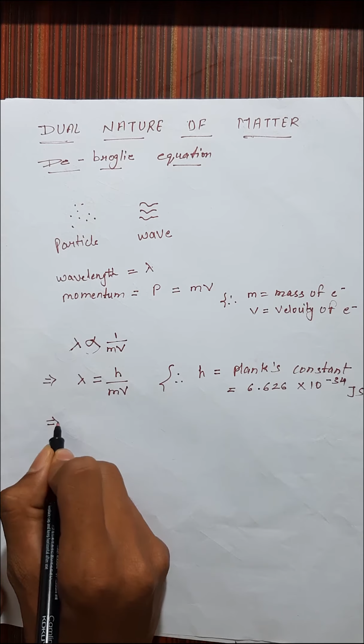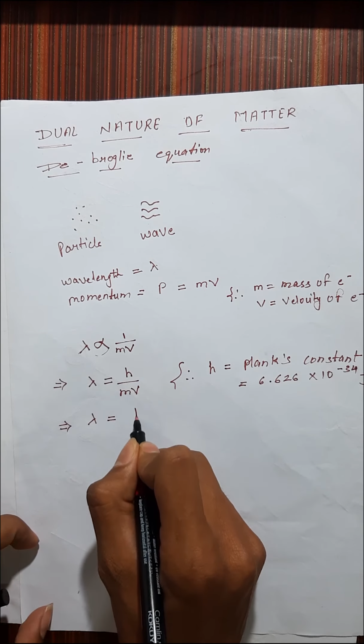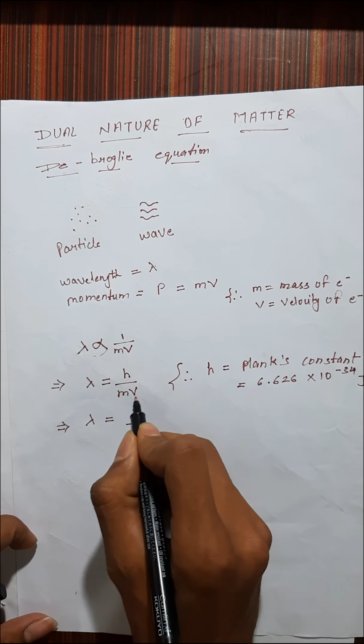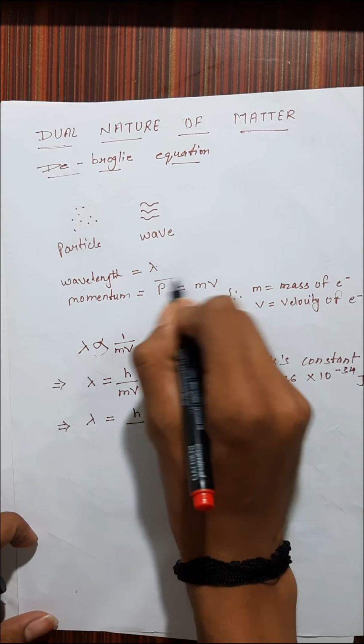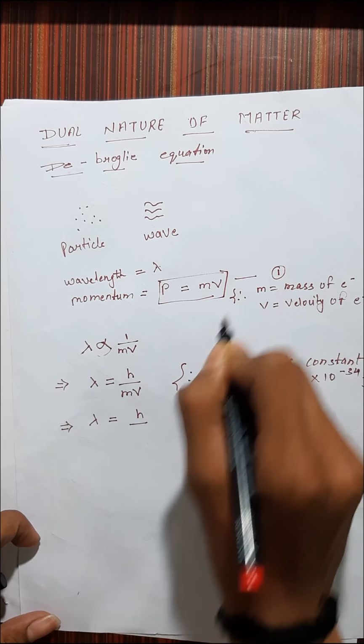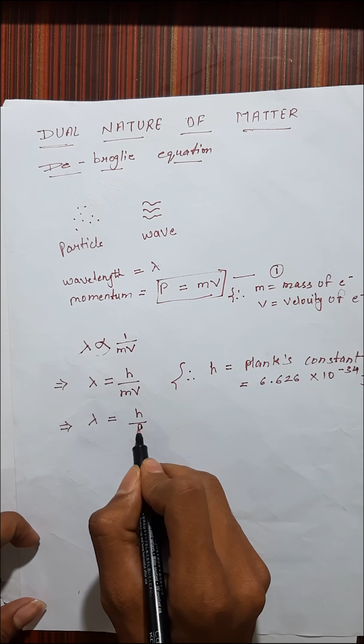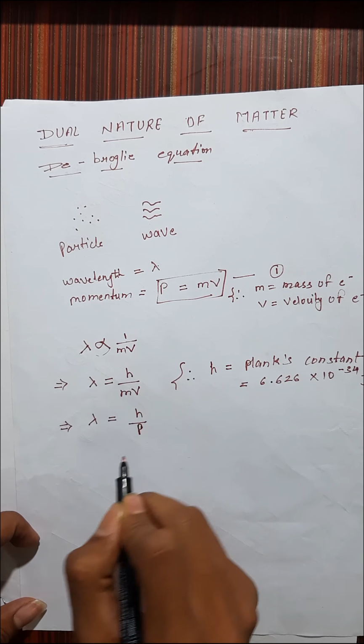So here lambda is equal to h by m into v. Here we take m into v is equal to p.